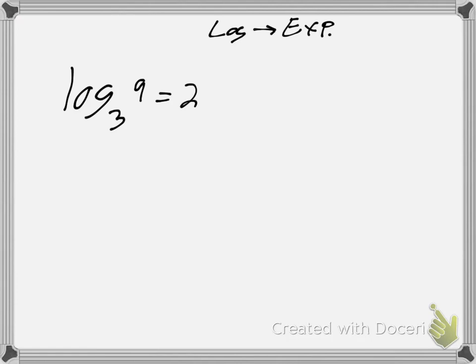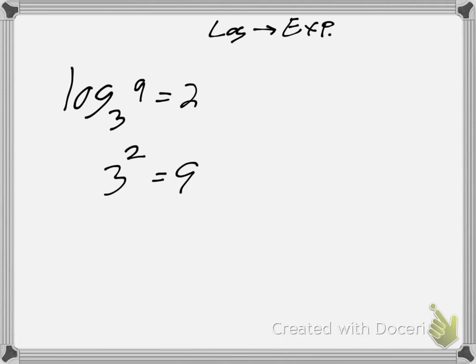That is the most important thing to remember. So that 3 becomes the big 3. Which power are you going to put on 3, 9 or 2? You're going to put 2 on there to make it a true equation. So 3 squared is going to equal 9. Try it the other way: 3 to the 9th is not 2.